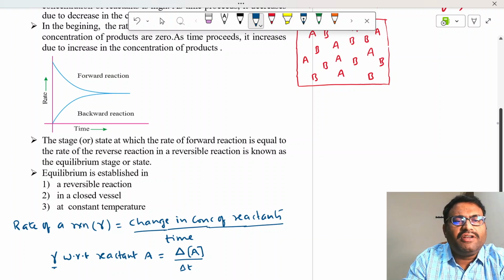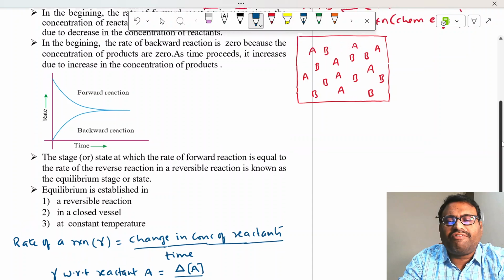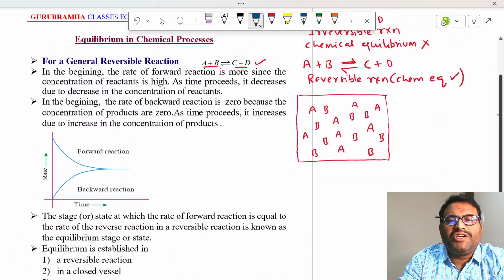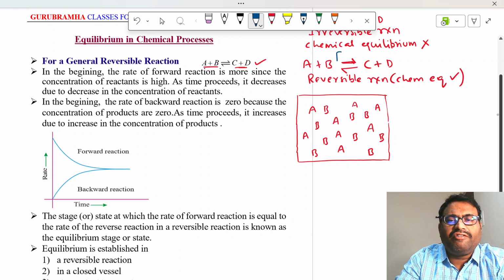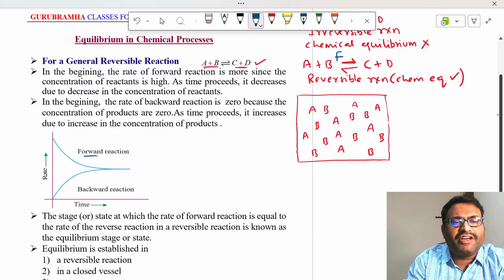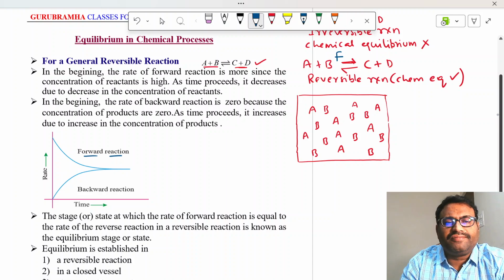See, for example, here, A plus B converting into C plus D is called the forward reaction. Let me write it as F. F means the forward reaction here.